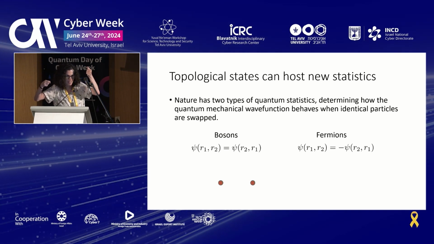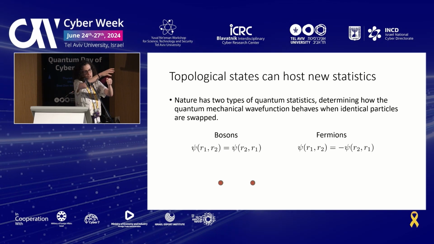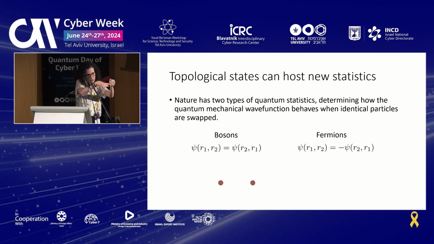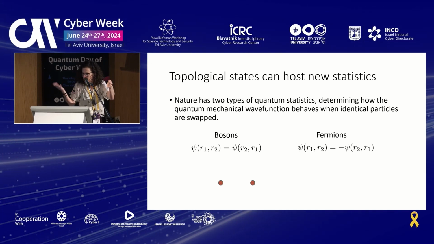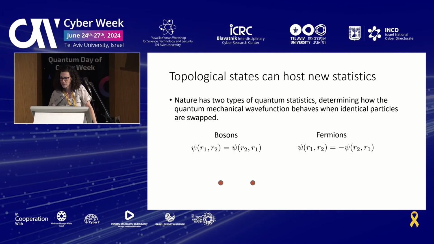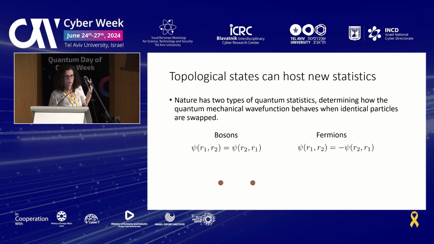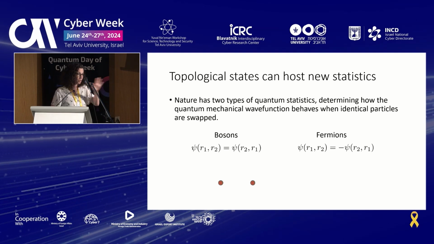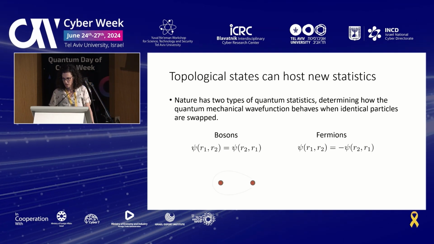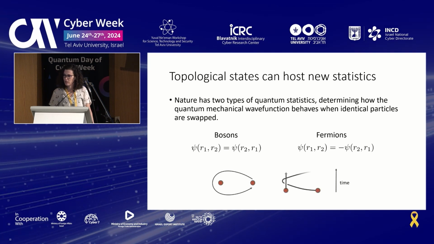It's meaningless, because you can take the trajectory of this particle and very gradually shrink it to 0. You lift it out of the plane because you have 3 dimensions, and you shrink it down to 0, so 2 swaps are equivalent to nothing. So in 3 dimensions, one swap can give you a plus or a minus to the wave function. Those are all the possibilities. This is what the process looks like as a function of time.